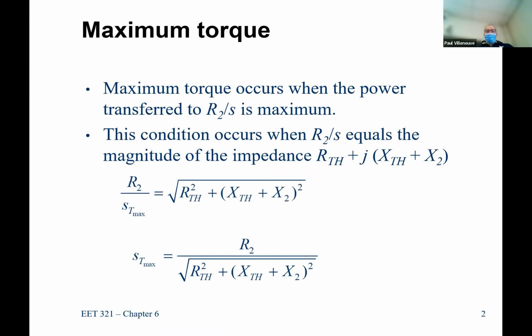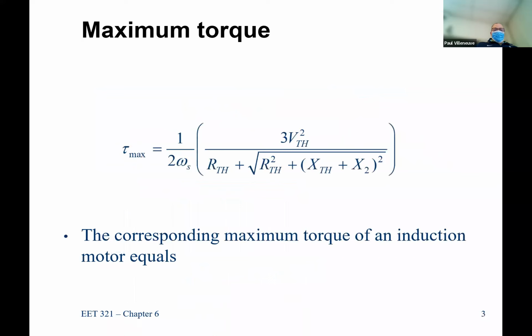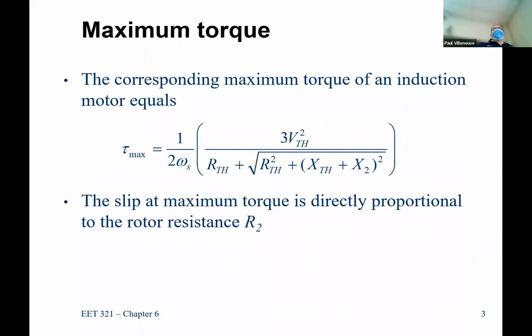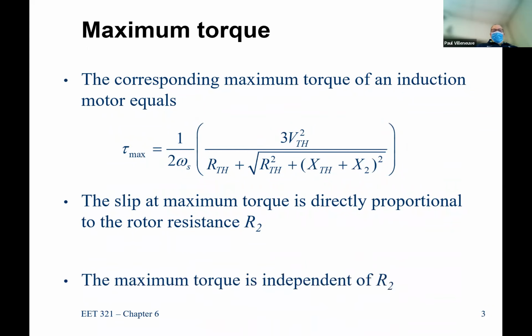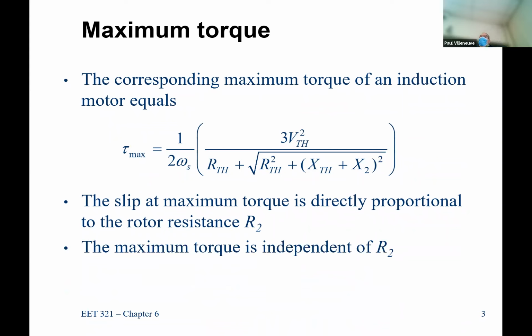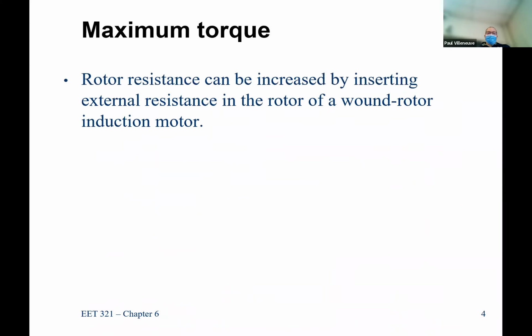So this tells us something pretty important. I can change the speed of where I get max torque by adjusting R2, but R2 doesn't affect the maximum torque. And so when we talk about a wound rotor induction motor, what you can do is inject a resistance in there that either increases or decreases this value of R2, and you can change the speed characteristics.